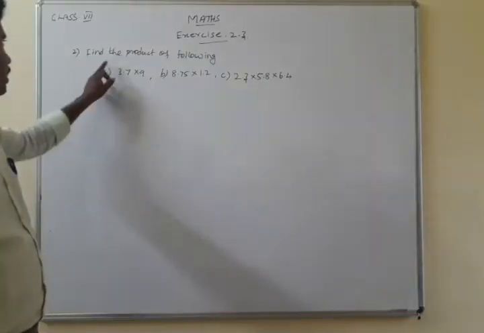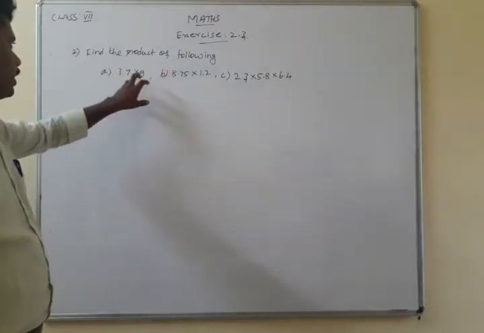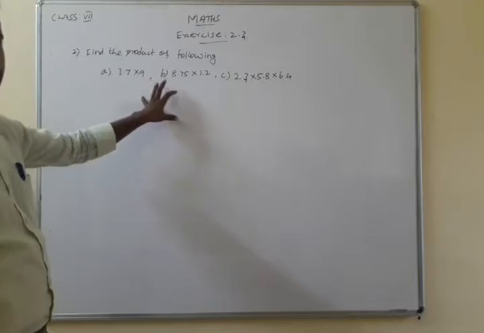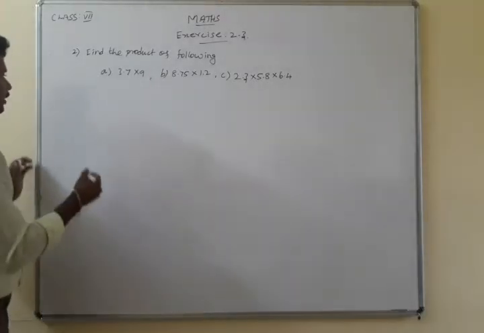Next question. Find the product of the following. Here a decimal number and a whole number are given, so you multiply.